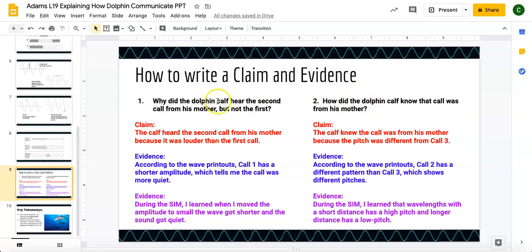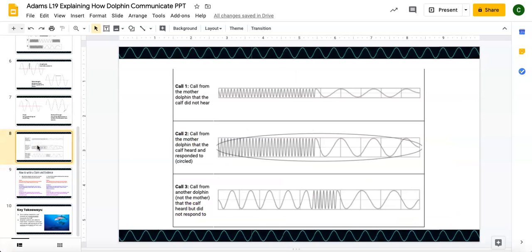Going to question number 2. You again will have these two questions, and you will need to write a claim for each question and two pieces of evidence for each claim. How did the dolphin calf know that call was from his mother? When you read these questions, you really need to ask yourself, just like if we were in class, what are they asking me?